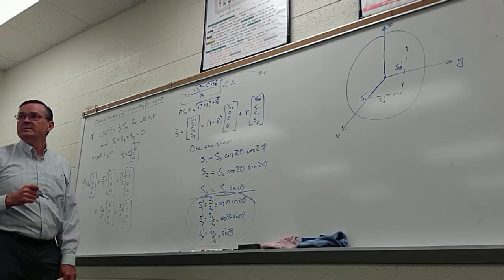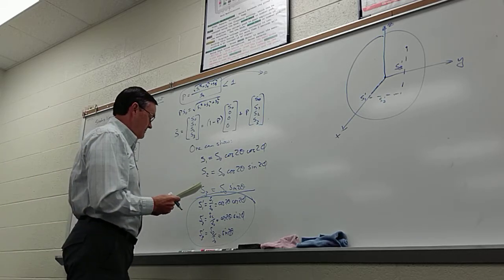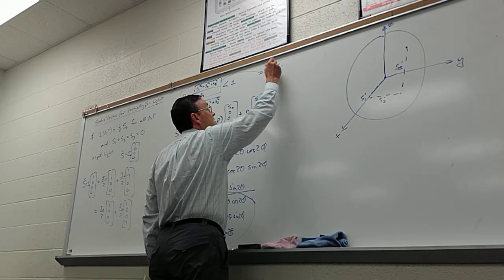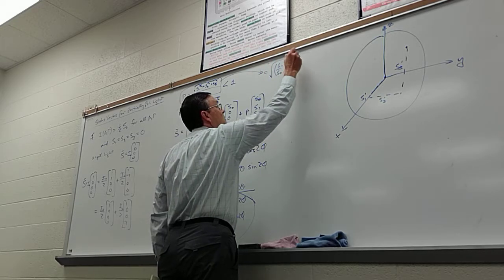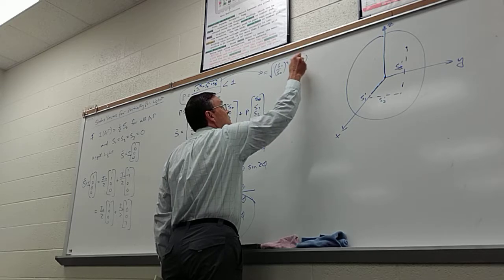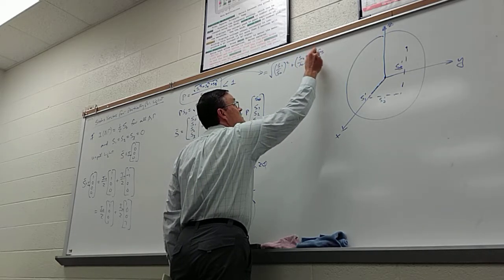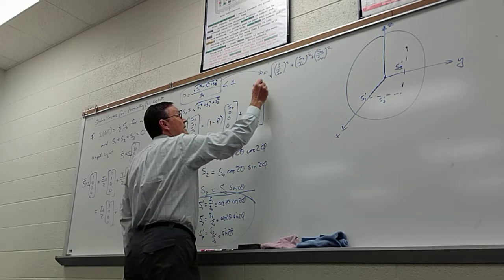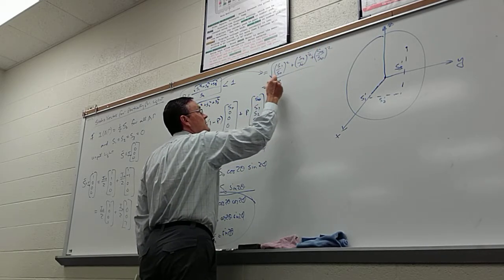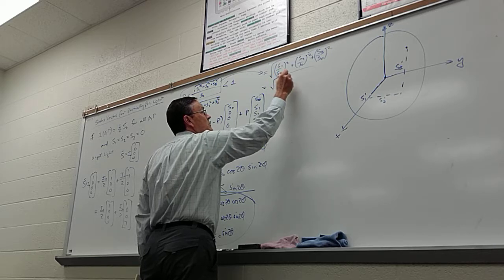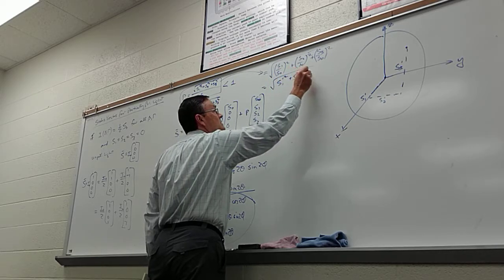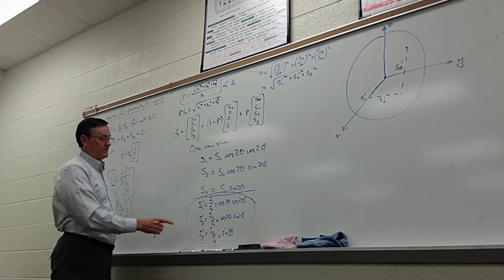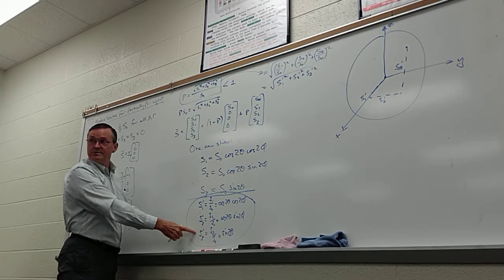And if I do that, then I have the square root of (S1 over S0) quantity squared plus (S2 over S0) quantity squared plus (S3 over S0) quantity squared. And that's equal to the square root of S1 prime squared plus S2 prime squared plus S3 prime squared, where the primed versions are just the normalized versions.